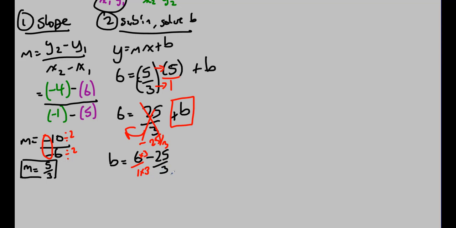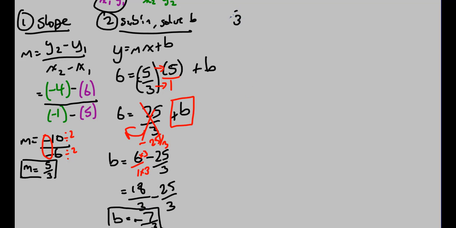So the common denominator here is 3, so I got to multiply by my 6. So I'm going to have 18 over 3 minus 25 over 3. And my b value is going to be a lovely negative 7 over 3. That's my b value.